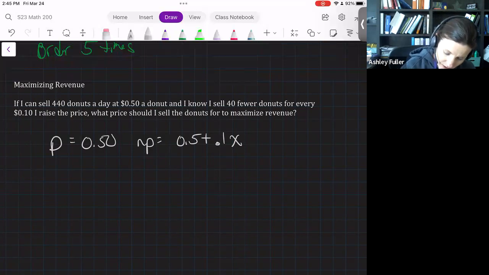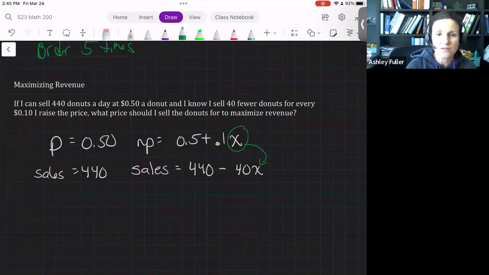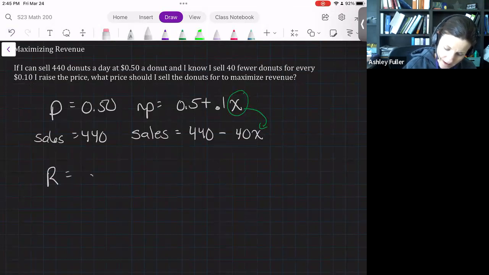And so then I can also calculate the number of donuts I'm going to sell. And the number of donuts I'm going to sell is going to start out at 440, minus 40 donuts times however many times, notice these are the same value, I raised the price. Now, in order to determine our revenue, we know that revenue is going to equal the amount sold times the price.